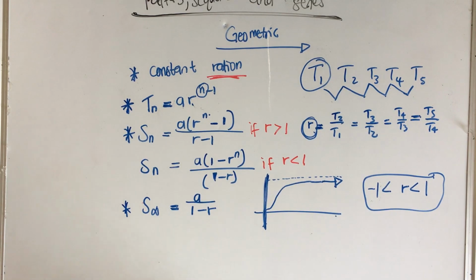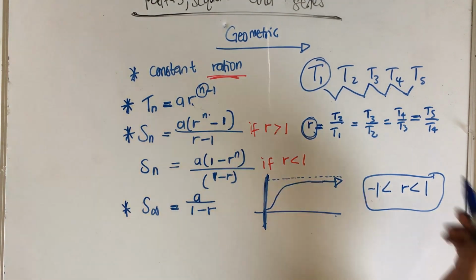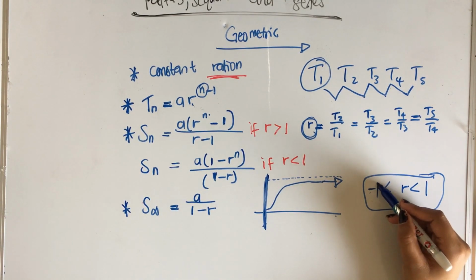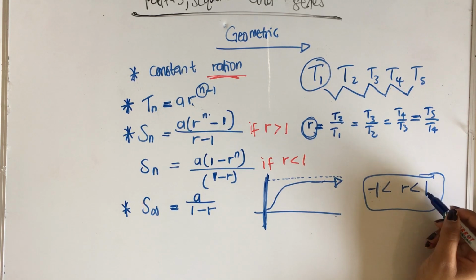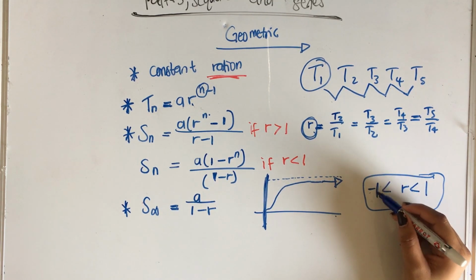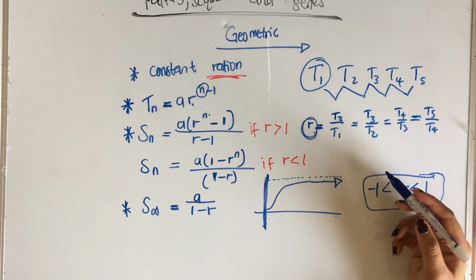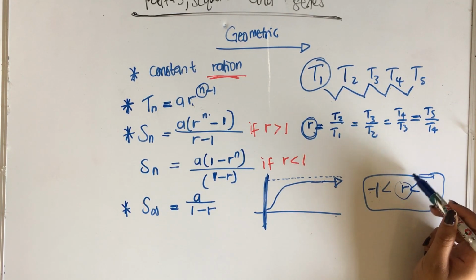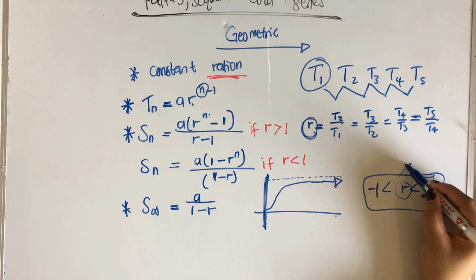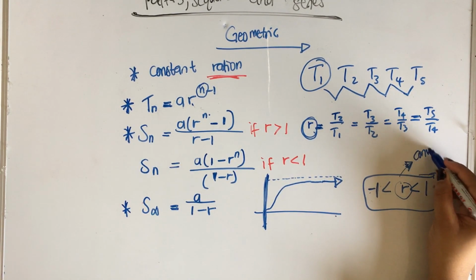So for your convergency, how we test if maybe this pattern is convergent or not, your range must be between -1 and 1, meaning your common ratio must be less than 1 but greater than -1. All right, that's how we prove if it is convergent or not. And if it is within this range, then that would mean it is convergent, and if it is not, that would mean it is non-convergent.